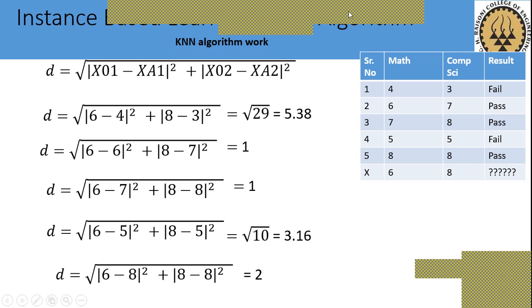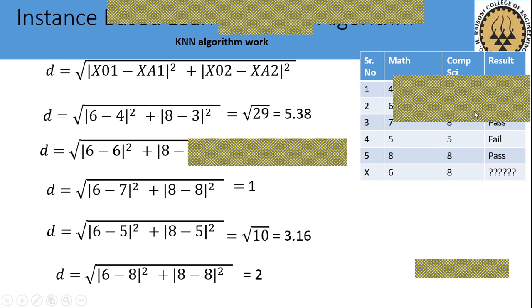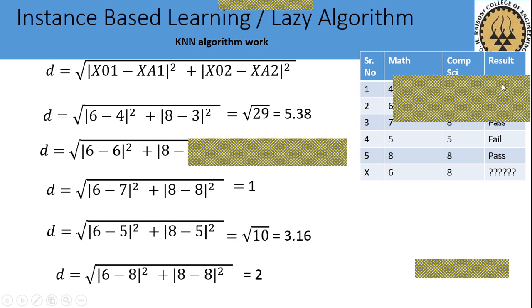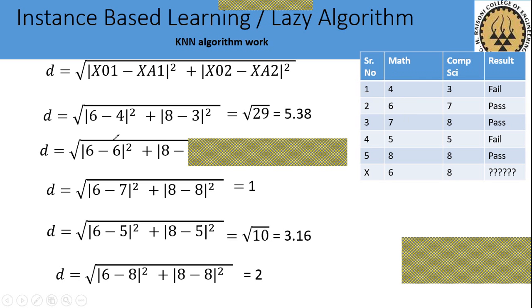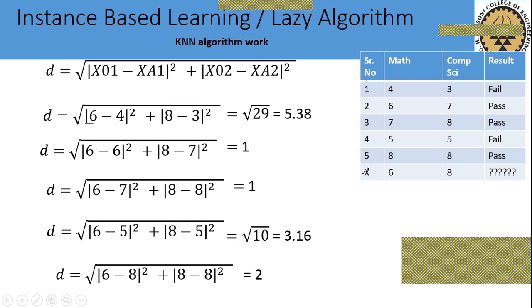Let us consider the first numerical. To explain it, I will use this. Let us consider first the value of x. x has the value 6 for mathematics, he got 6 marks in mathematics.